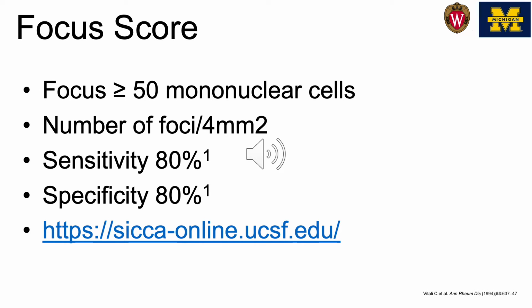The concept of a focus score, where number of clusters per 4 millimeter square gland is an outcome, was first put forth by Greenspan at UCSF in '74. He was assisted by a couple youngsters, Norm Talal and Troy Daniels, who later on made quite big names for themselves in the Sjögren's world.